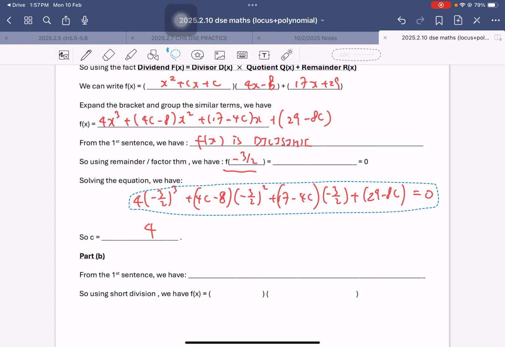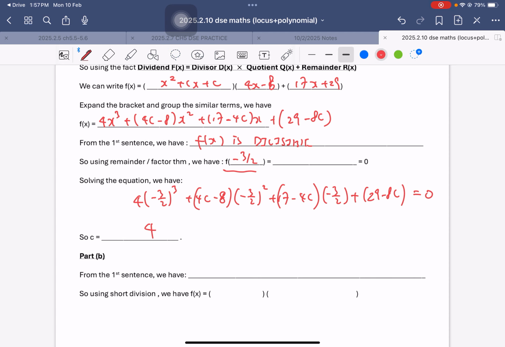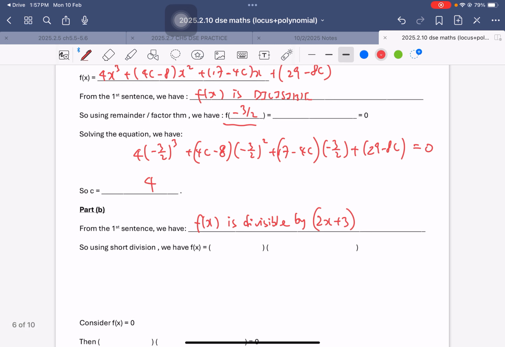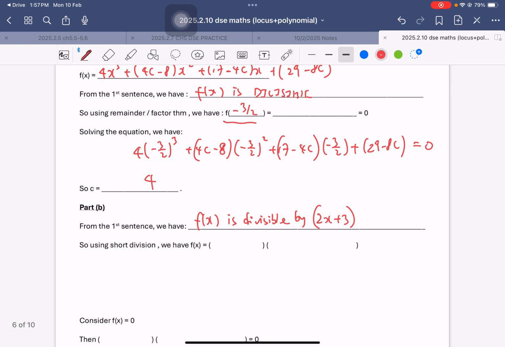Then from the first sentence again, f(x) is divisible by what? By 2x + 3. So which means that f(x) can be written as something times something, isn't it? So it can be written as 2x + 3 times another quadratic formula.